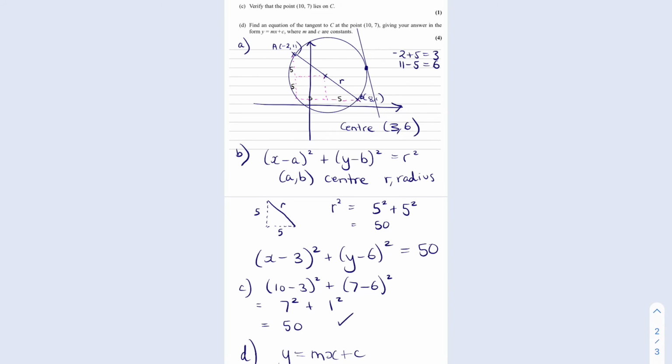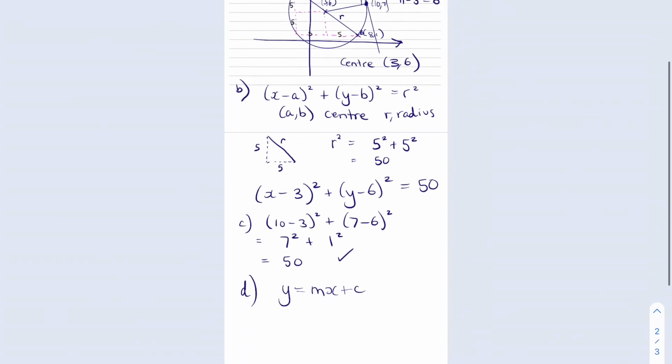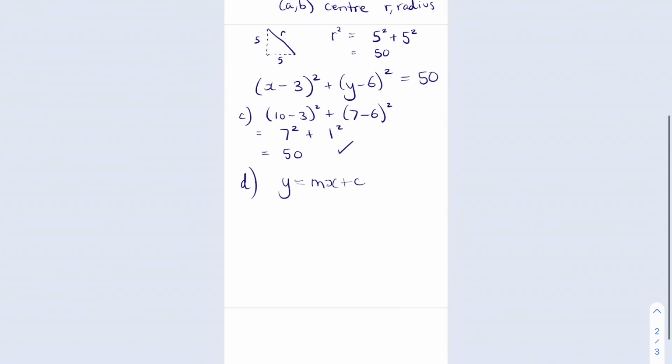Right, okay, so we need to use the fact that the tangent is perpendicular to the radius. So inevitably we'll end up finding the gradient of that radius first. So the centre of the circle is 3, 6, and the radius connects the point 3, 6 and the point 10, 7.